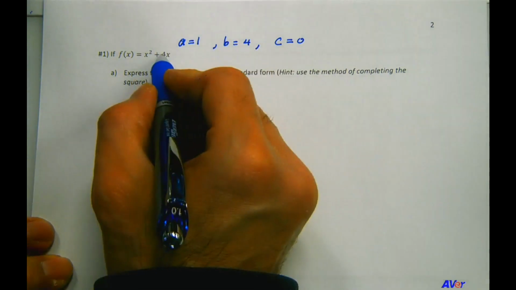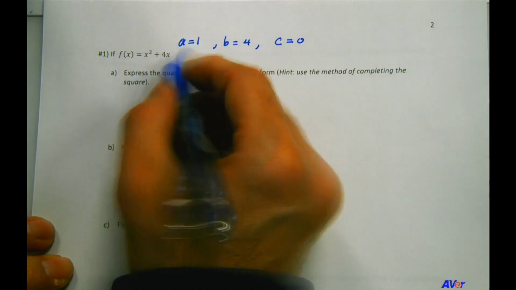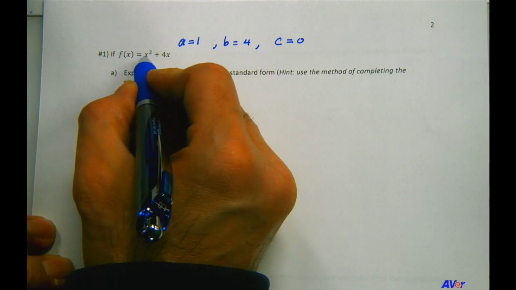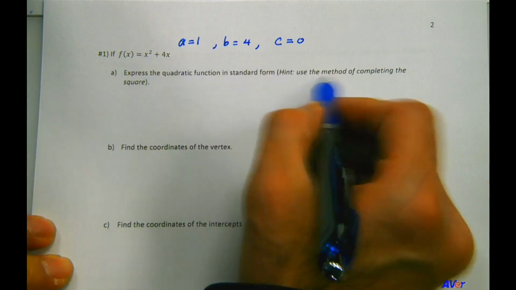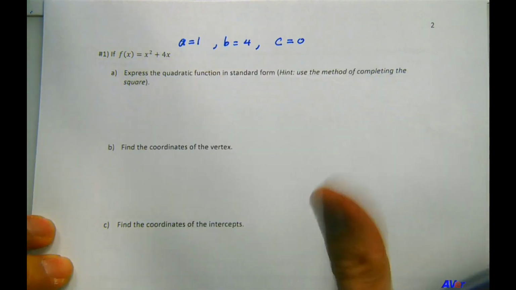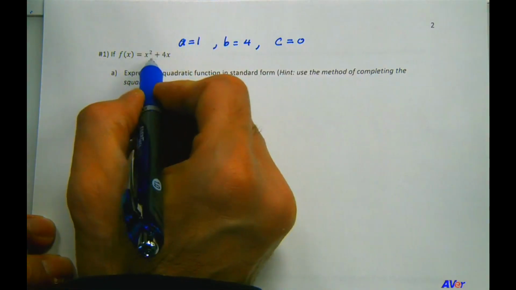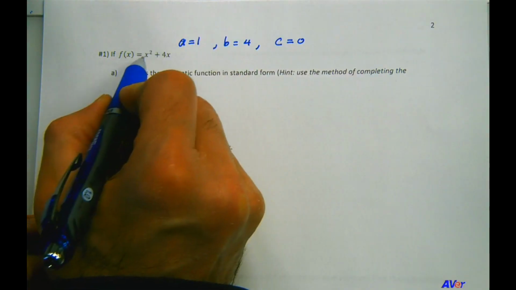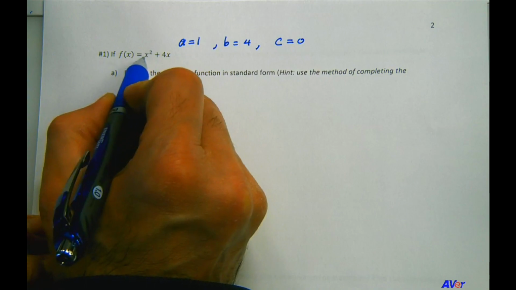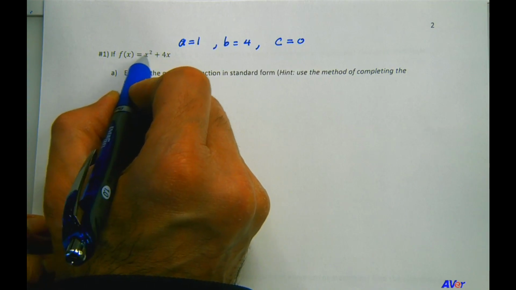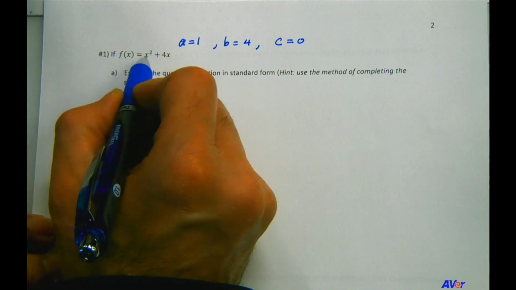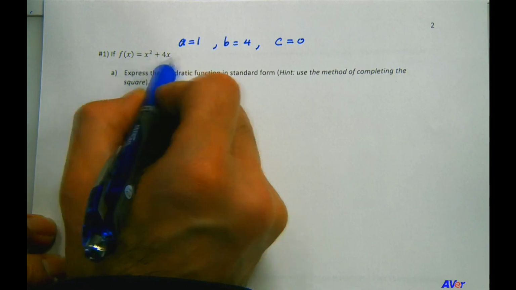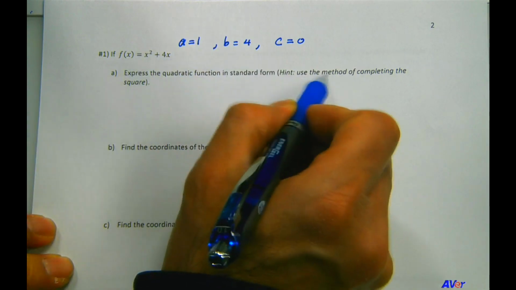Completing the square for this, we learned how to do that, right? First of all, we can apply the method of completing the square immediately without factoring. Why? Do you remember why? Because the coefficient of the quadratic term is positive 1. If it was 2 or 5 or anything, we would have to factor it out. But we don't have to factor anything. It's positive 1, so we can immediately start the procedure for completing the square.